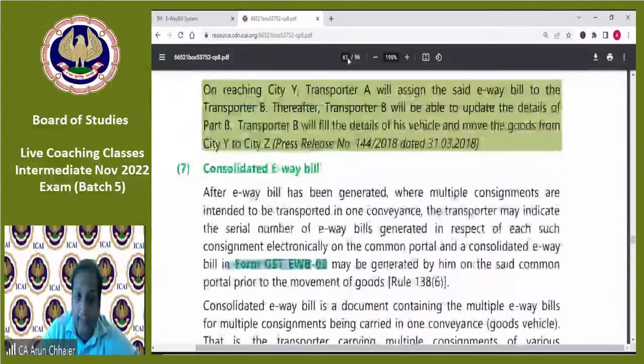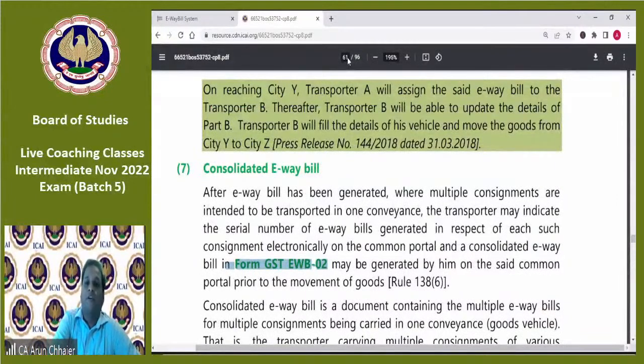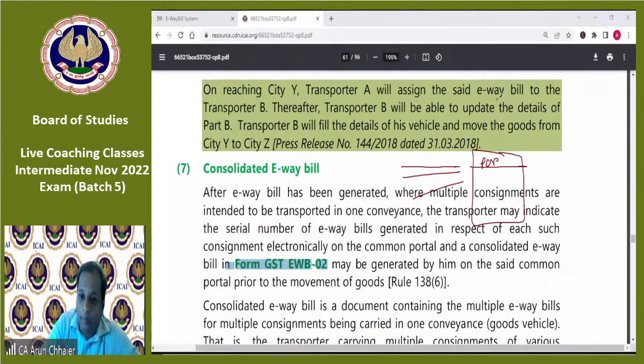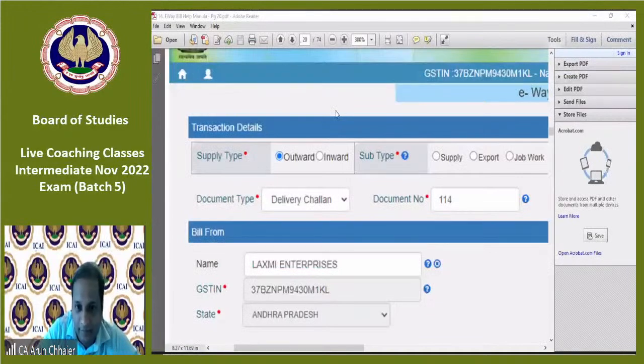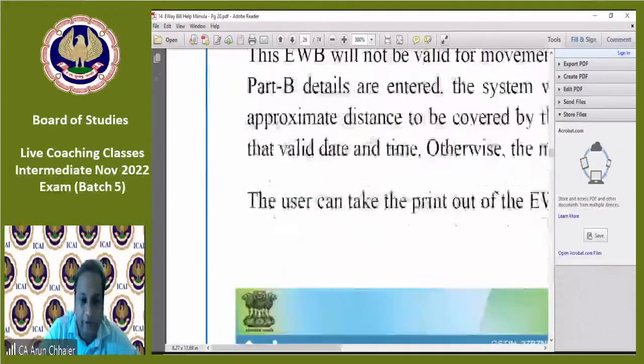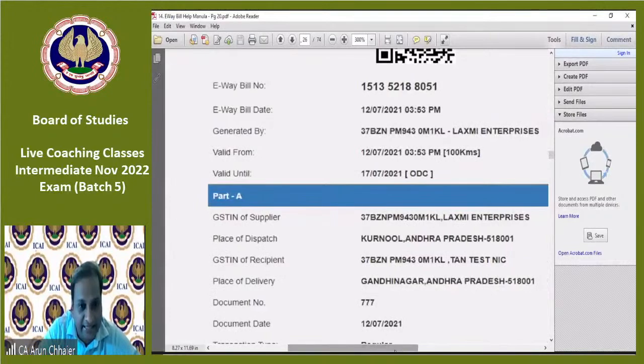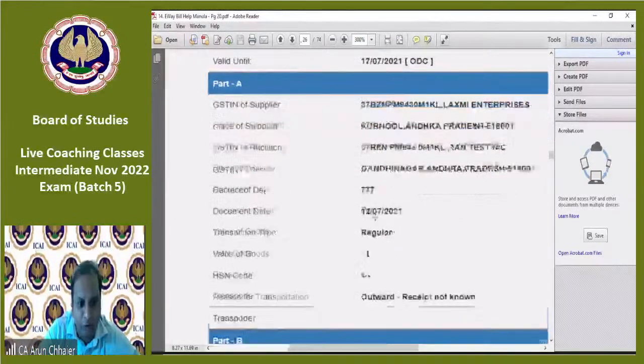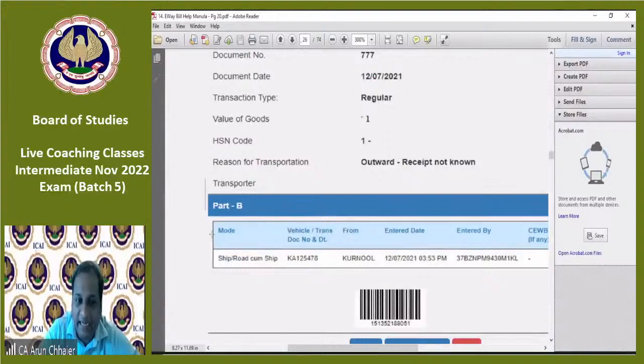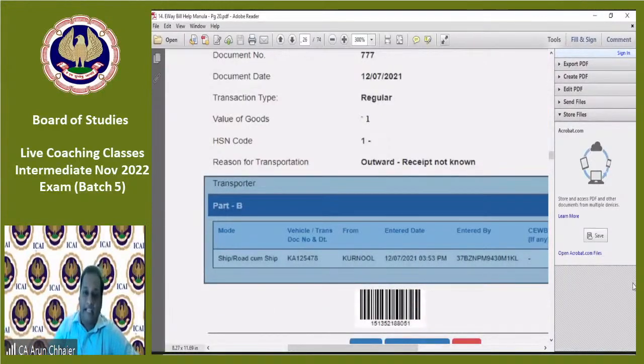What I'm saying, consolidation: the supplier or recipient cannot consolidate the e-way bill. The only consolidation possible is with respect to Part B. Normally, suppose there is one tax invoice and one e-way bill, the transporter has to add the Part B in that, and this type of document needs to be printed.